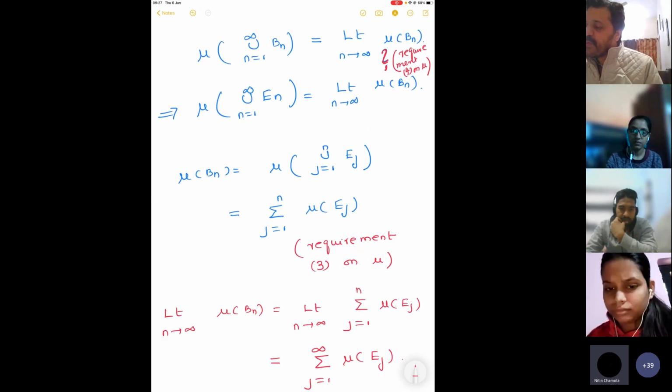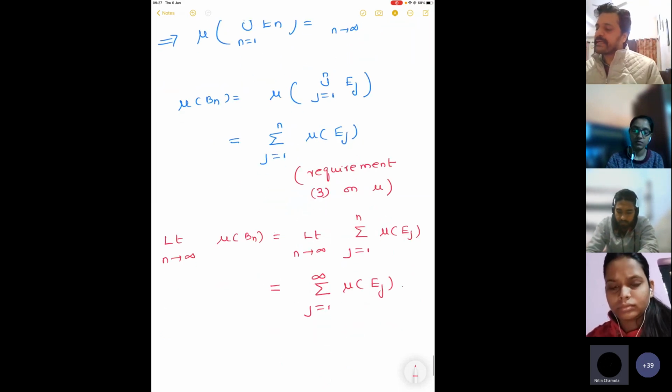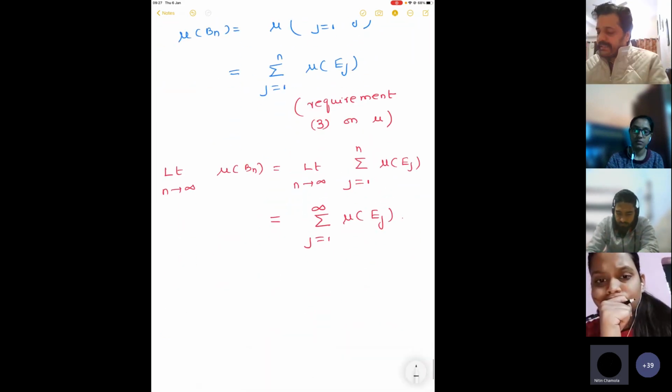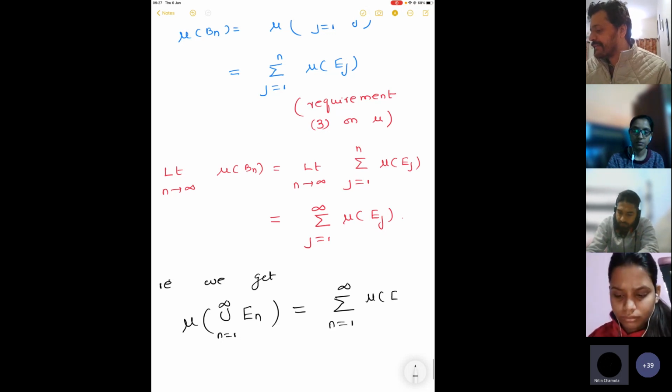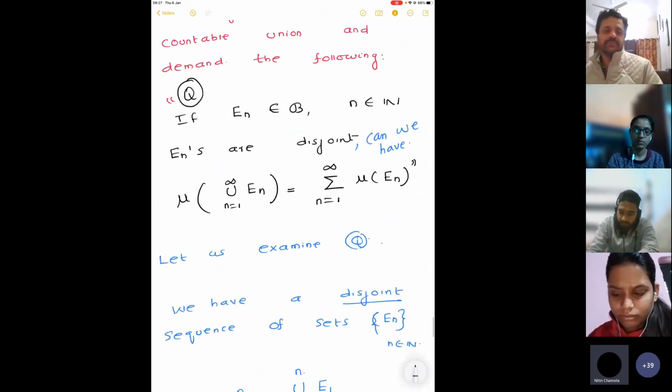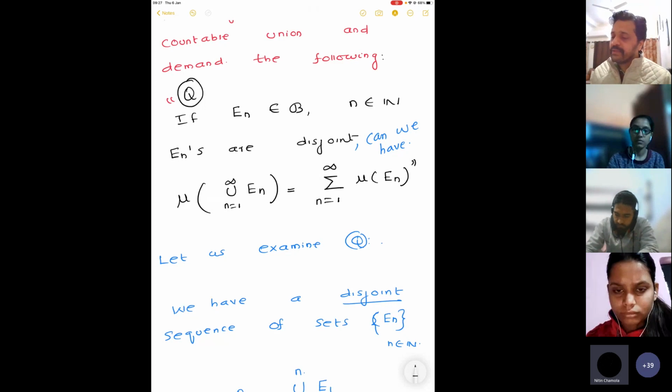So now combine what we got. Mu of union En we wrote as limit mu of Bn, but limit mu of Bn coincides with the summation. That is, we get mu of union n equal to 1 to infinity En is equal to summation n equal to 1 to infinity mu of En. And this is what we were asking in Q. So can you conclude what we did so far?